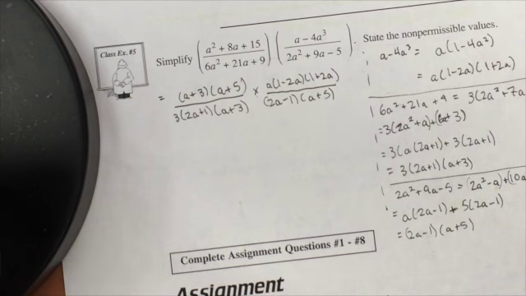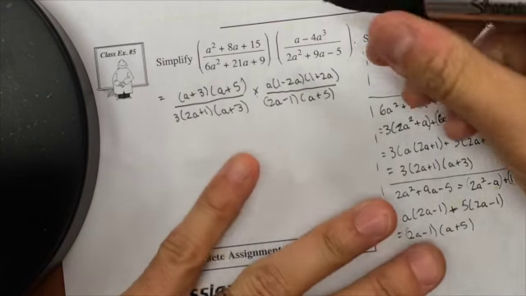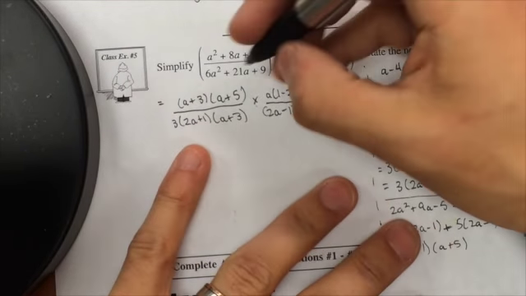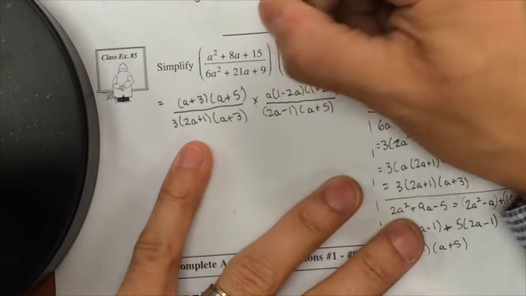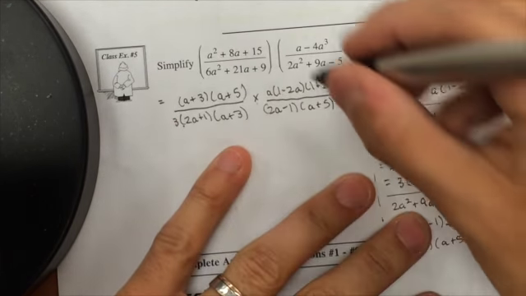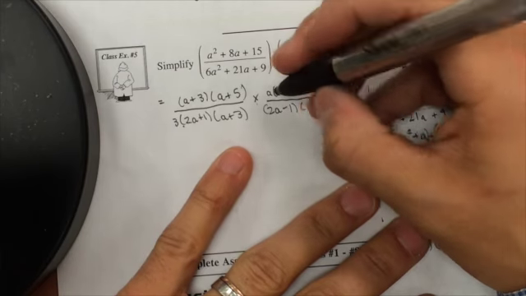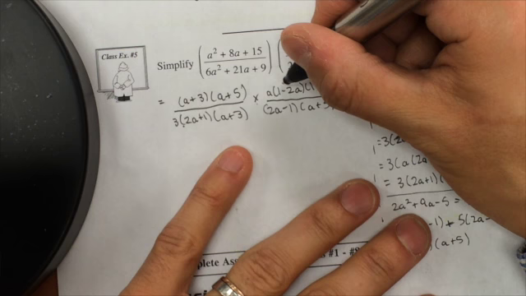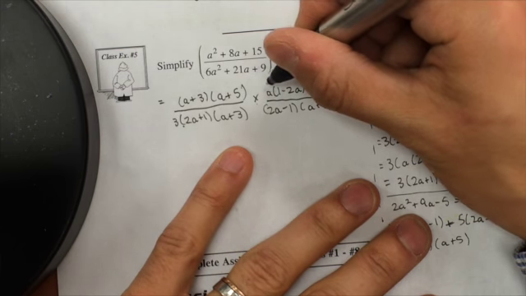Okay, so now we can cancel out the factors that are common in both cases. All right, and so I can get rid of these factors here. And so remember, if I switch this one around, first of all, I'm going to be left with a negative outside.